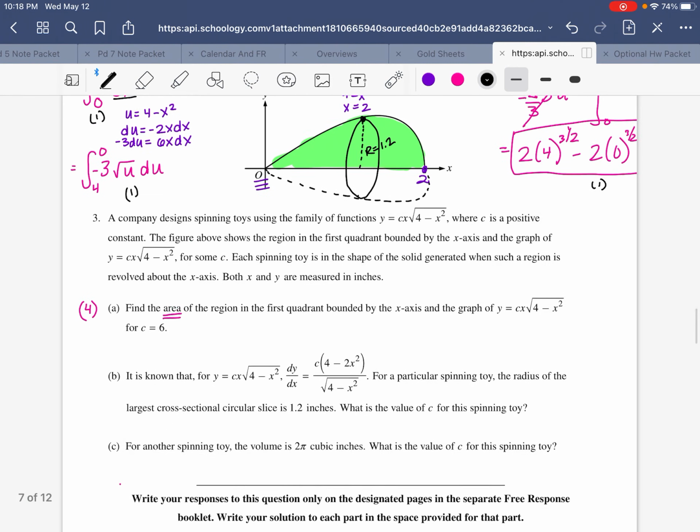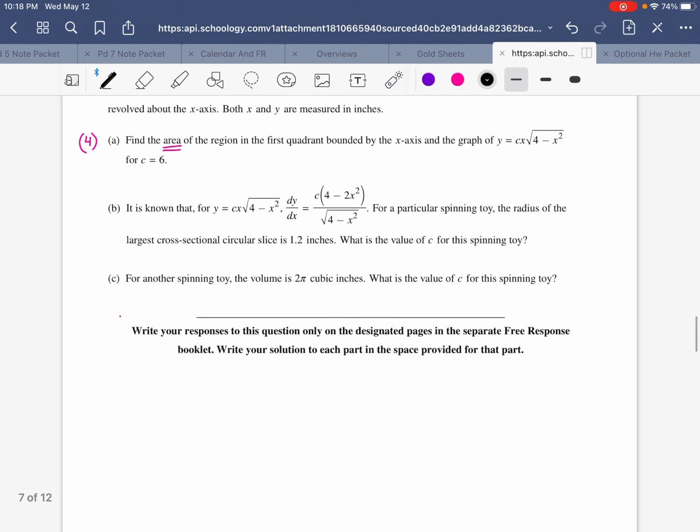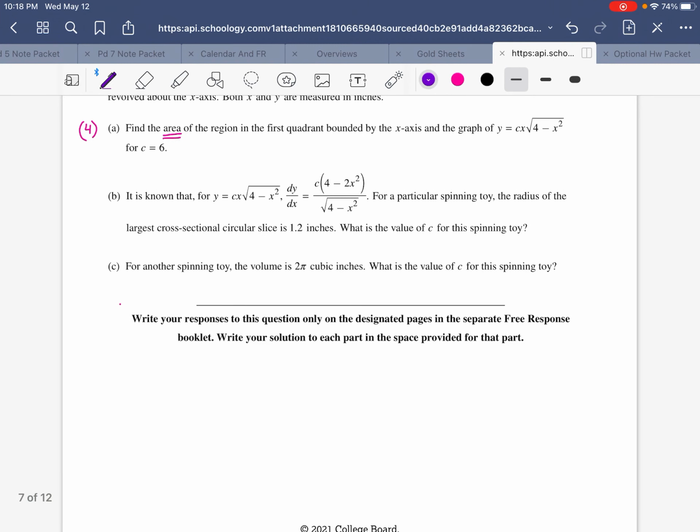Well, one thing I want us to make note of, and I'm going to do this down at the bottom, I'll do part B right here, is that since they told us that the largest radius is 1.2, I can think of it that the radius of the largest slice occurs at the maximum.